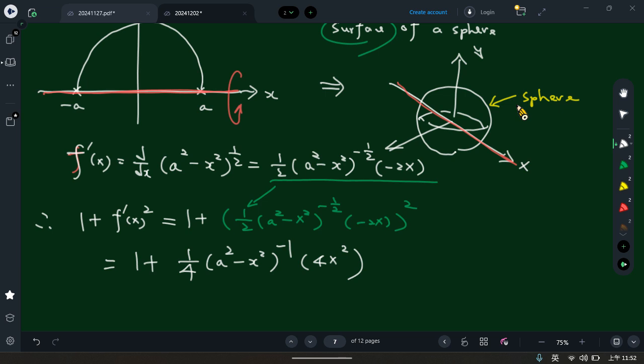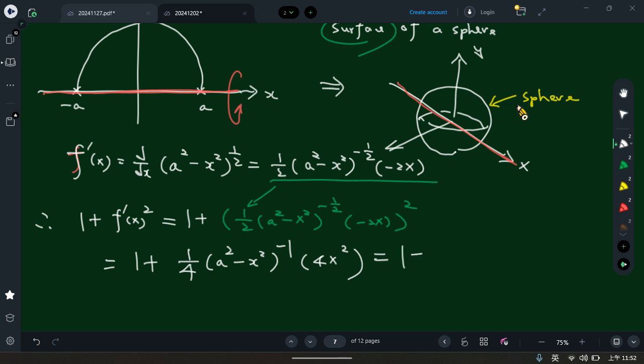Any problem from here? Square. So for the 1/2, it will be 1/4. For this exponent, we will have 2 times negative 1/2, so we get negative 1. For this one, we have 4 times x squared. Okay, so let's just continue to reduce it.